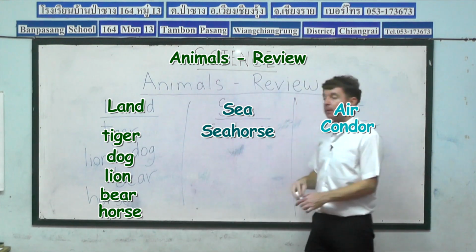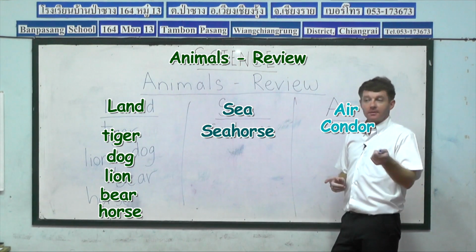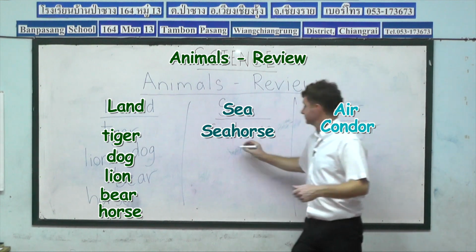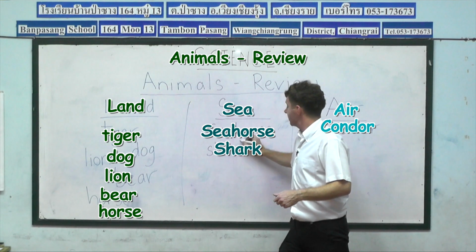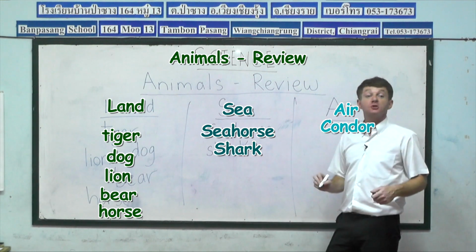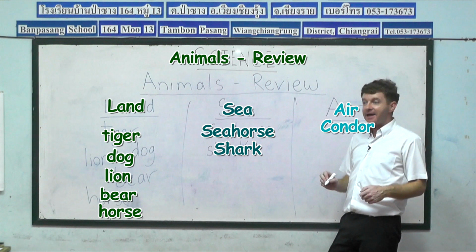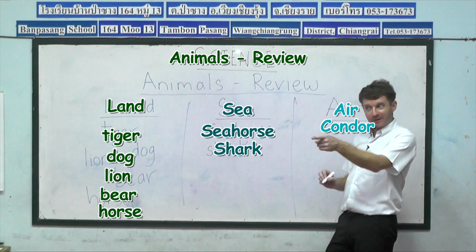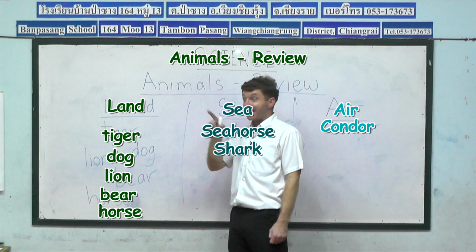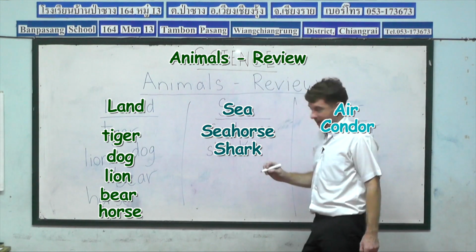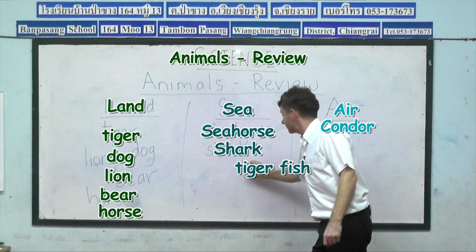And now thinking about the sea. Shark. Okay. S-H-A-R-K. Shark. And then I heard tiger. Tiger fish, yeah. We can't just say tiger. We can say tiger fish. A tiger fish is a type of fish.